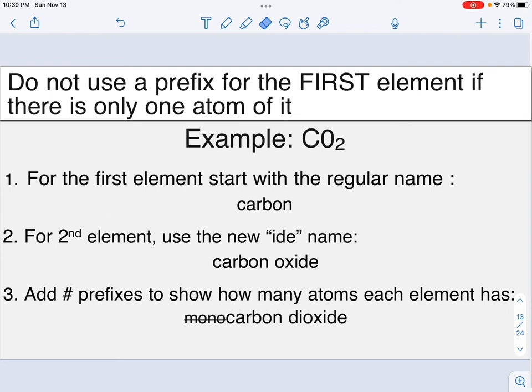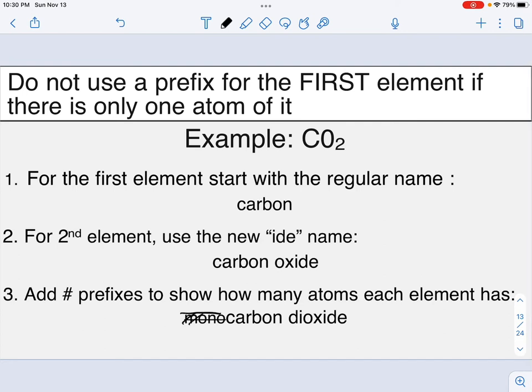That means we only have one of it. The prefix for 1 is mono. So you would think down at the bottom, under rule number 3, we would have monocarbon, right? But here's the exception. Do not use a prefix for the first element if there is only one atom of it. So you would think it would be monocarbon dioxide, but look what I did.